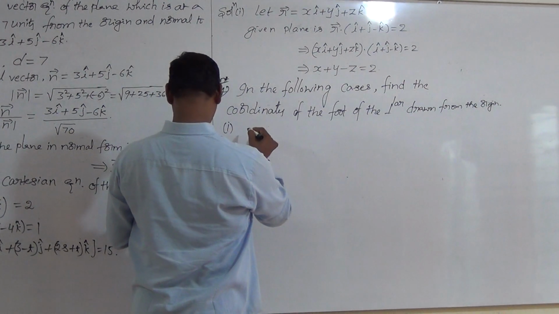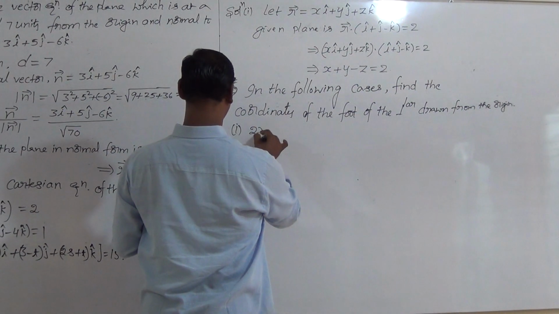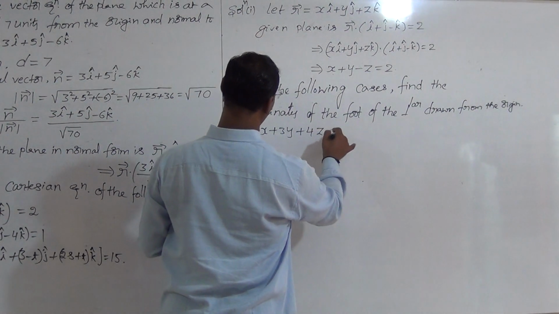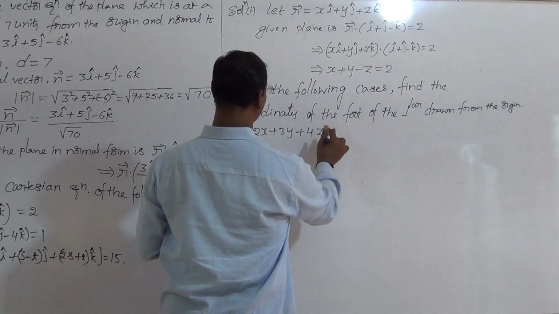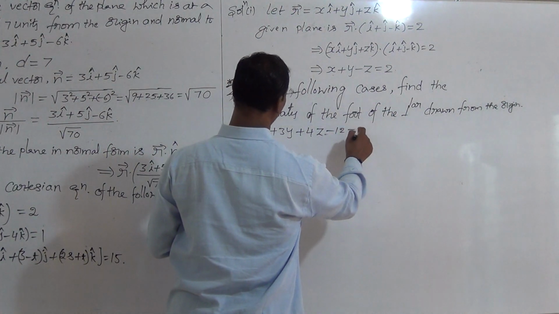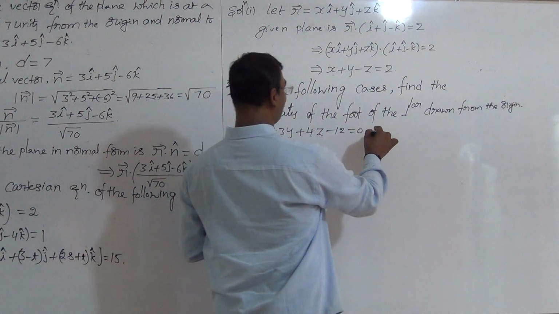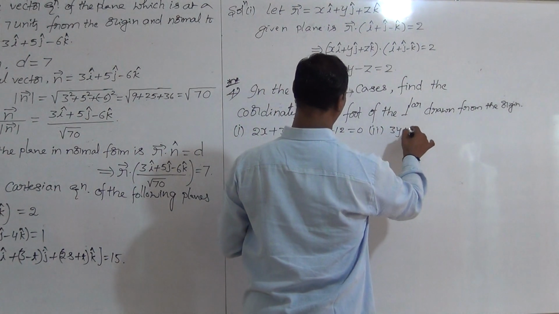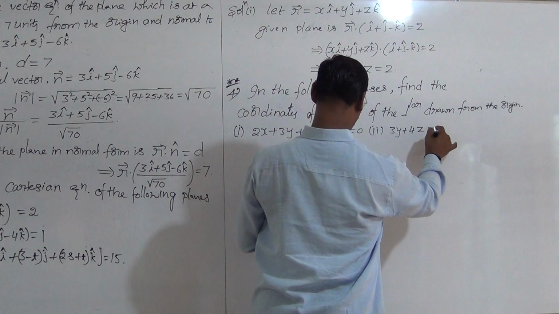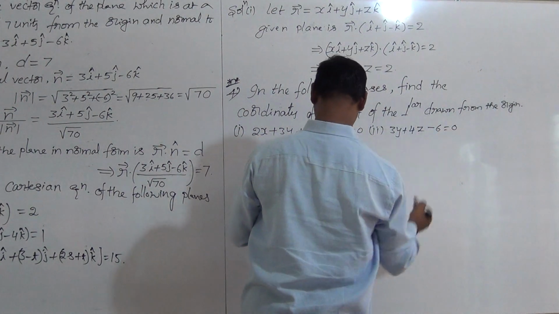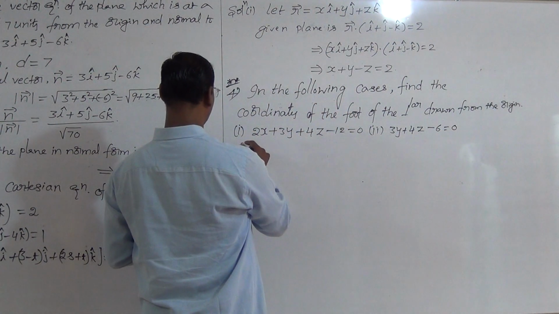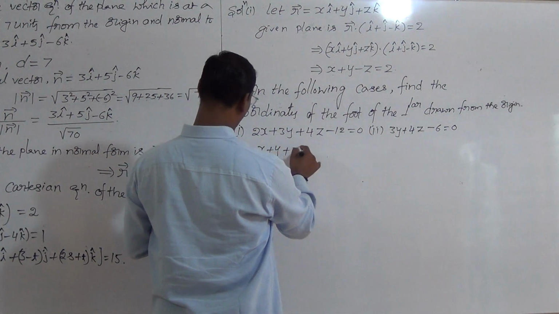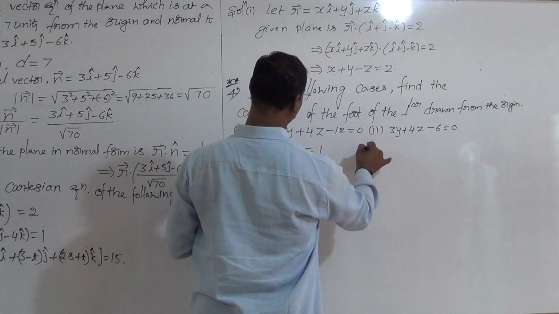So 4 to 5 questions are given. First, 2x plus 3y plus 4z minus 12 is equal to 0. Second, 3y plus 4z minus 6 is equal to 0. Third one, x plus y plus z is equal to 1.